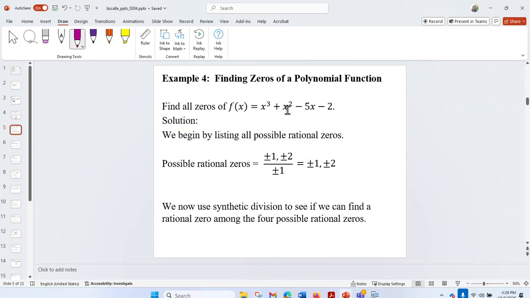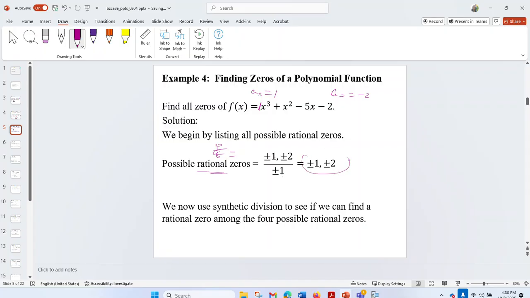And then the same thing as this one right here. My a sub 0 will be -2, and my a sub n here will be 1. Your possible zero is called P over Q. So -2 can only factor into 1 and 2, and 1 can only factor 1 times 1. Everything divided by 1 is still itself.